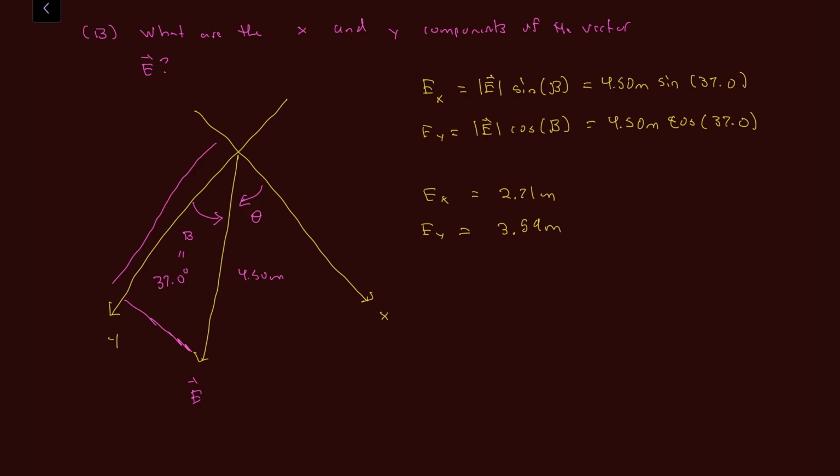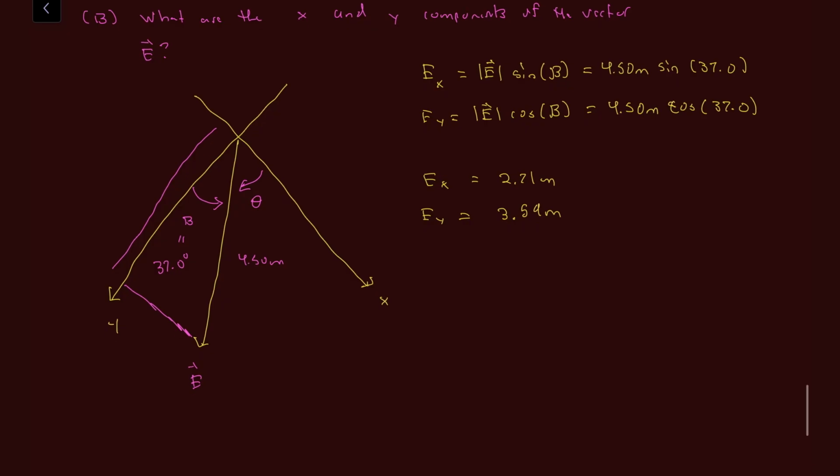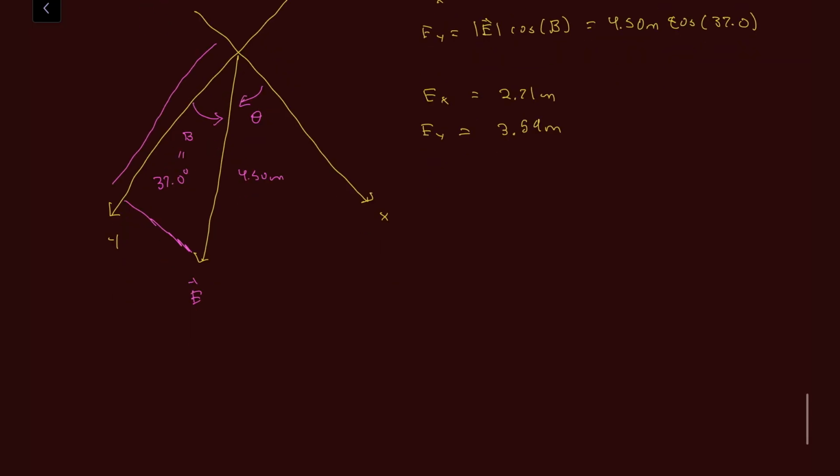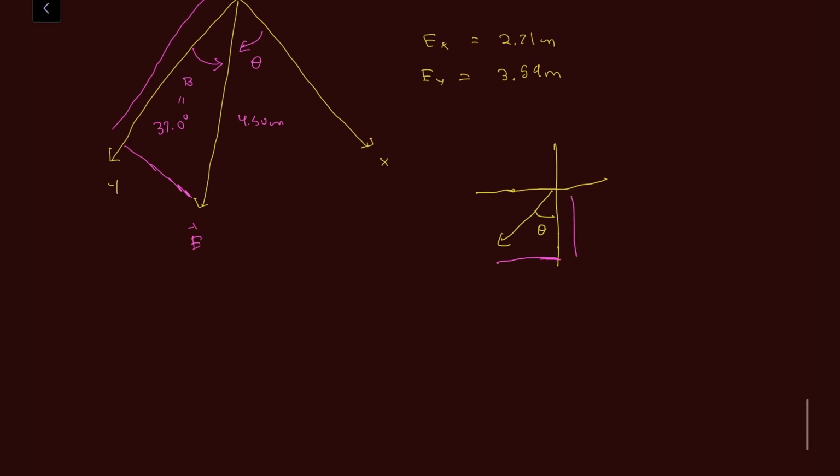Now, I want to talk about one slight drawback from the way that I'm solving these problems. Had we received a problem in which we were given a vector in the third quadrant and an angle like this, when I solve for the x component and the y component, I would always put the angle in as a positive angle, like sine theta.